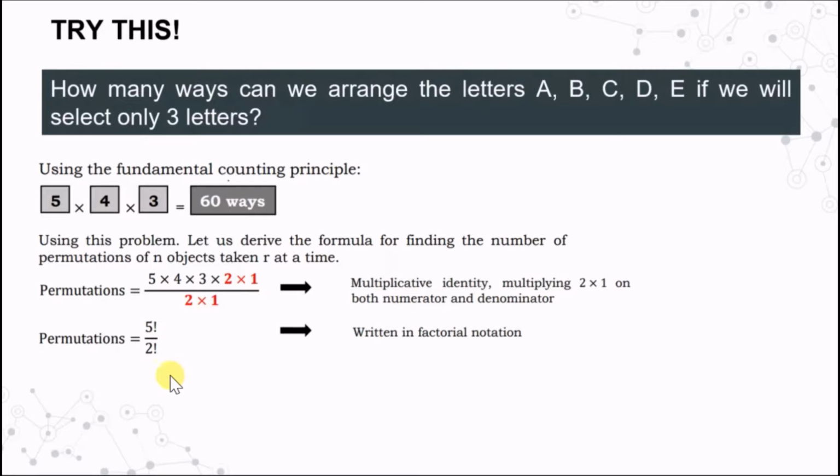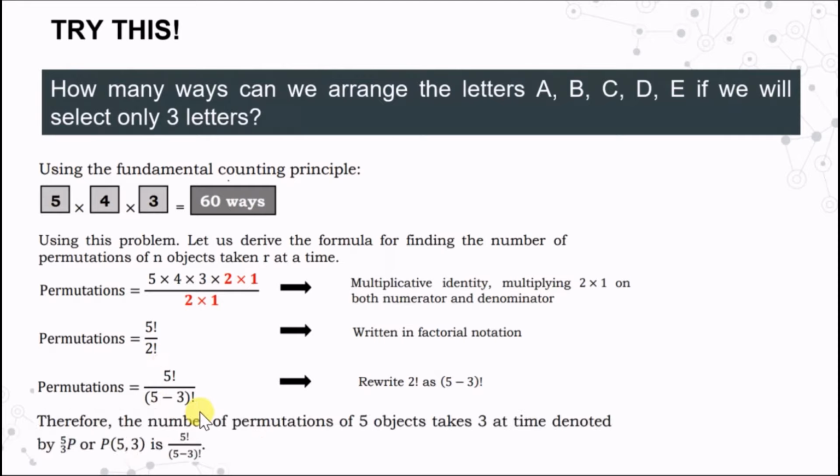Notice that 5 is given in the problem, which is the number of letters. How about this 2 factorial? That is not actually visible in the problem, so we need to rewrite it as 5 minus 3, where 5 is the number of objects and 3 is the number of selected letters. So we can rewrite 2 factorial as 5 minus 3 factorial.